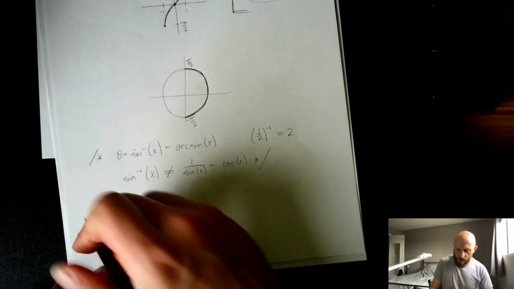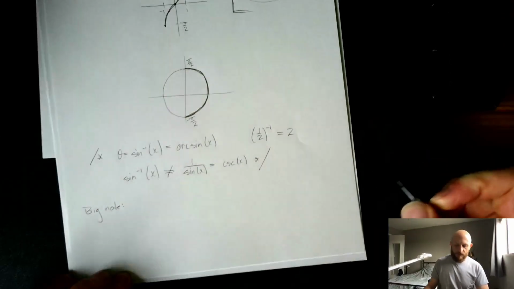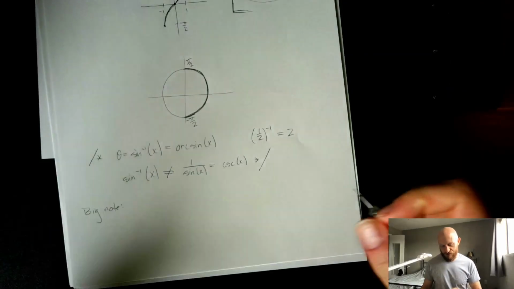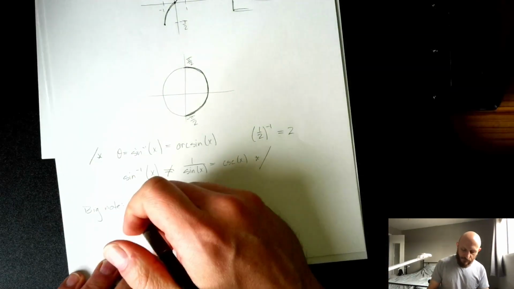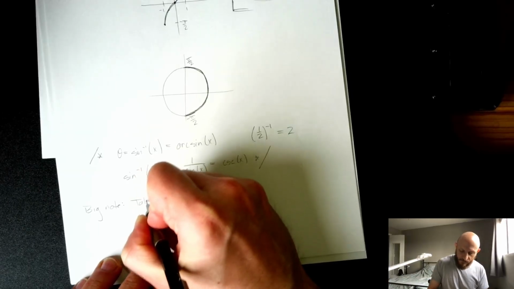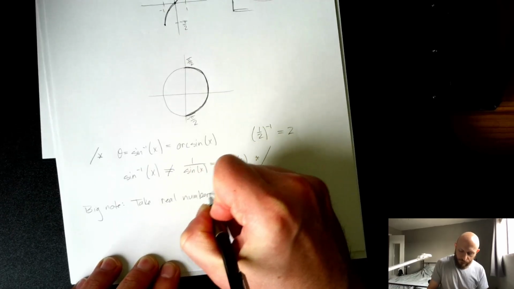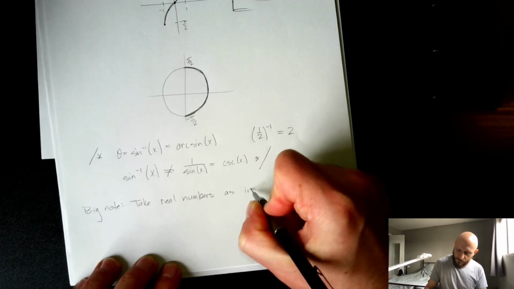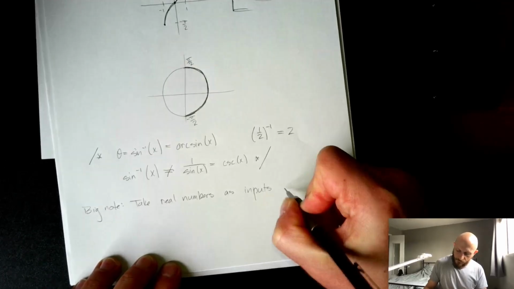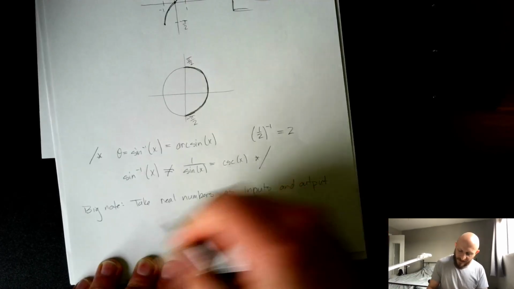And then I'll also say this big sort of note too about trig functions, inverse trig functions. Inverse trig functions take real numbers as inputs and they output angle measures.